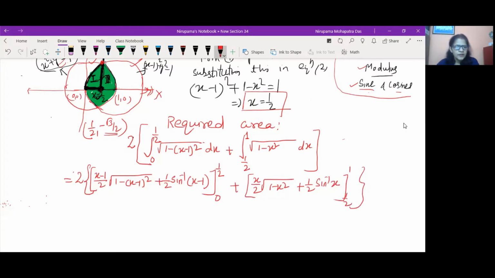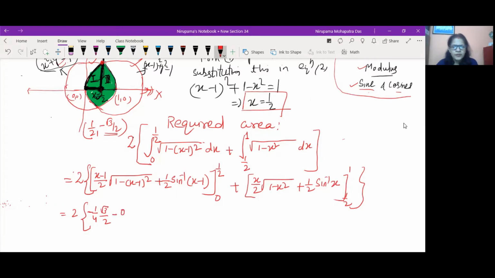So let's calculate this. Twice of, maybe one step I will calculate, then you can do it. Now when it is half, 1 by 2 minus 1, minus half by 2, minus 1 by 4, this is 1 minus, it will be 1 by 4 then, right? So you are getting here root 3 by 2. That is the value at upper limit minus the value at lower limit.